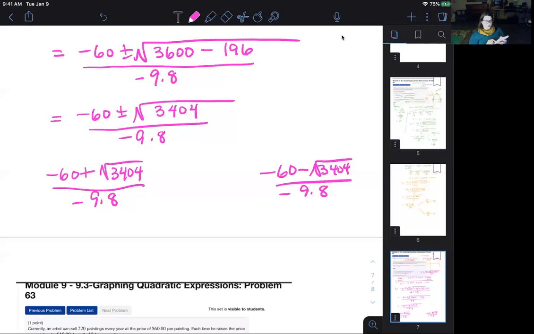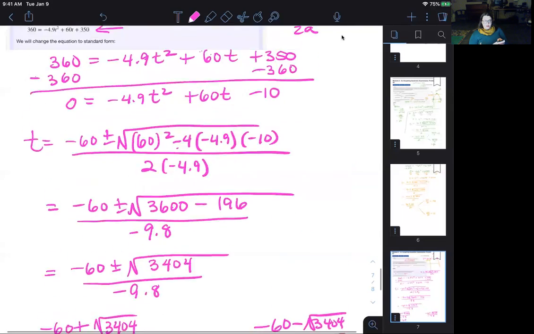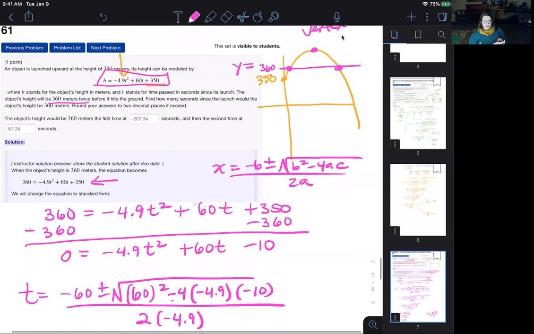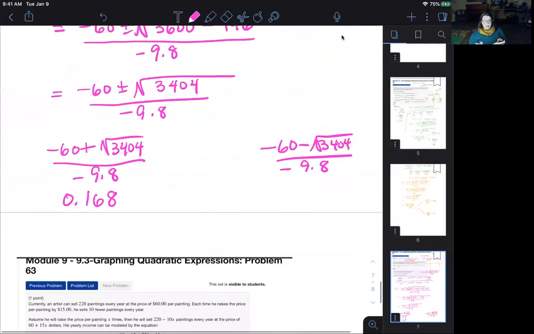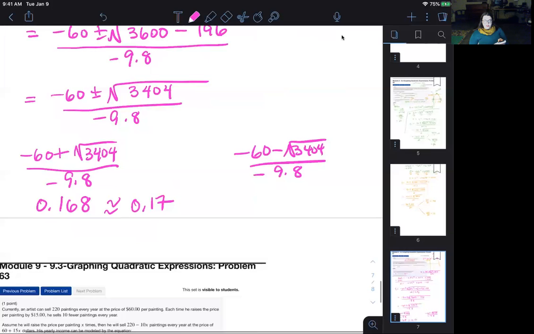So that would be my positive one, which is 0.168999. It says round your answers to 2 decimal places, so we would call that 0.17.